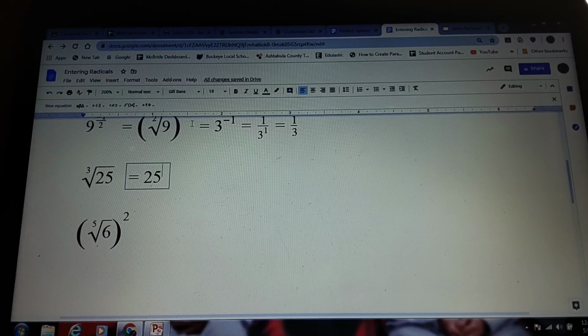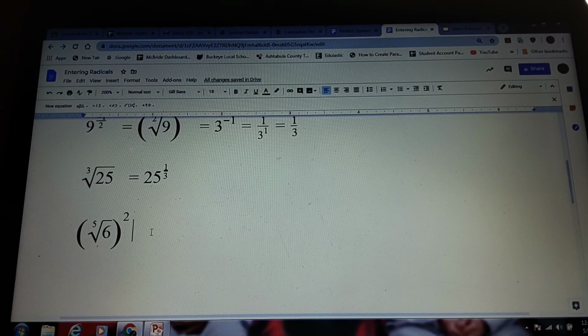Now, our exponent is going to be a fraction, so we have to go to our math toolbar and hit A over B. Now the top of our fraction is the power outside here. We don't see a power, so that means it's 1. Right arrow, now you can see the cursor is at the bottom of that fraction. Put in our index, which is 3.